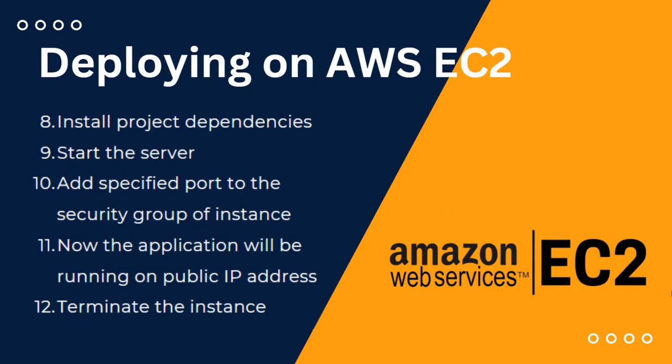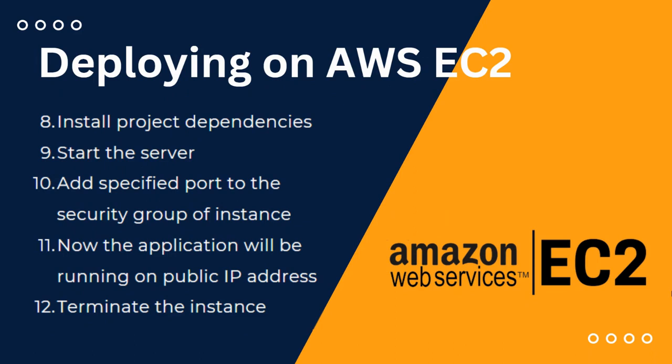Ninth, start the server of your application using an appropriate command such as npm start. Tenth, add the specified port of your application to the security group of the instance. Eleventh, now the application will be running on the public IP address. Twelfth, terminate the instance if you no longer wish the application to be deployed.